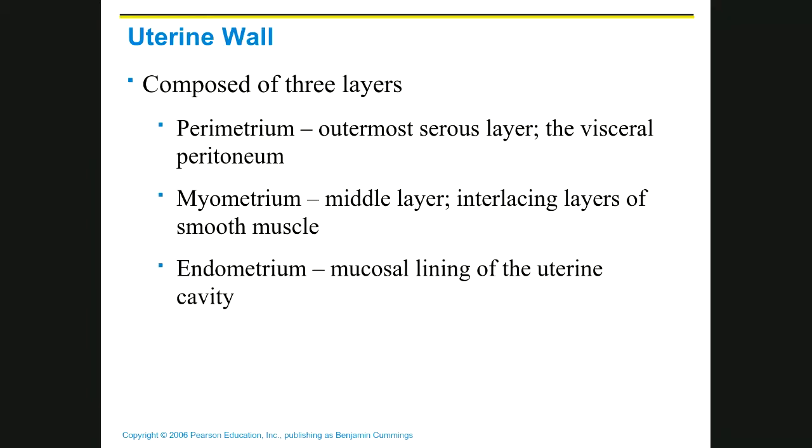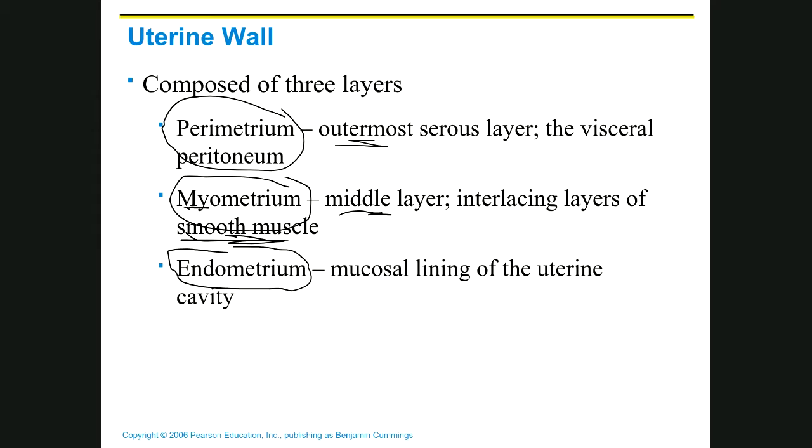So we have the outer one called the perimetrium. It's the outer layer. The middle one is the myometrium. That's the middle layer. And it's called myo because it has smooth muscle in it. Lots of smooth muscle. And then the inside layer is the endometrium. And that's a mucous membrane.